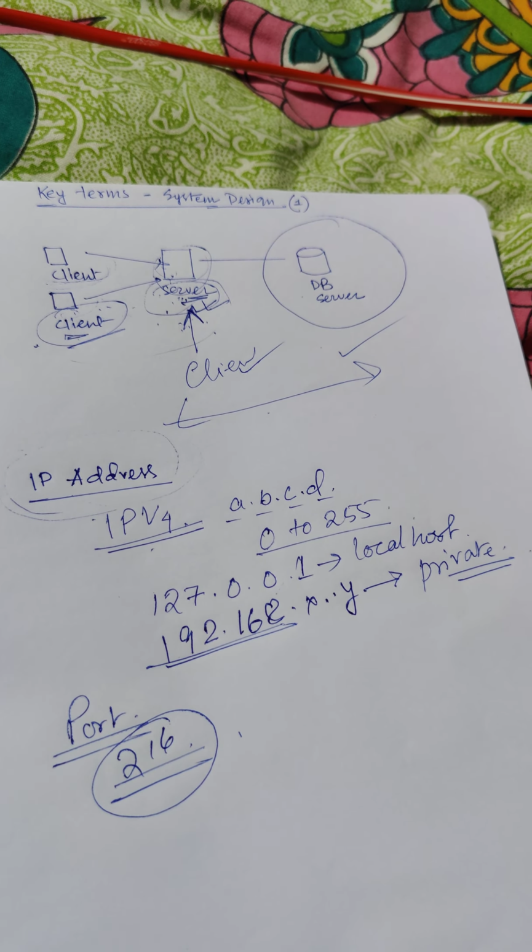Now, from this perspective, we can also look at some other examples. Some ports are reserved for well-known system actions, and these well-known ports are normally 0 to 1023.